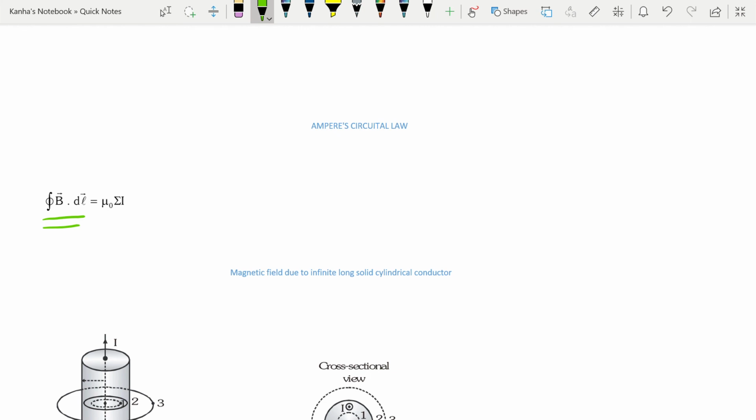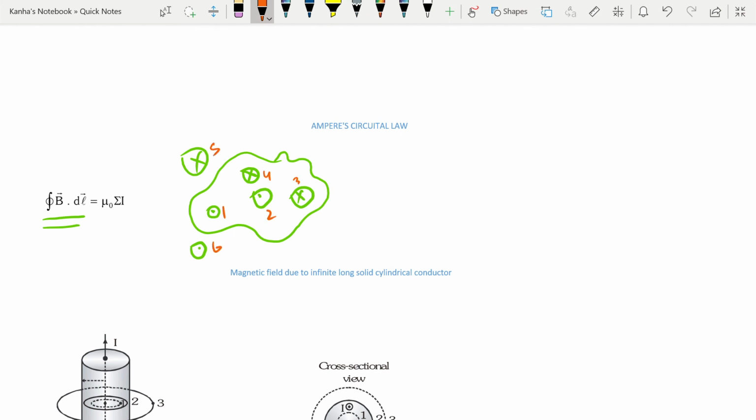So what does this mean? For example, if these are the lines that I draw, and inside it I have different currents. For example, I have current coming out here, a current going in here and here, a current going in here and a current coming out here. Let me mark these quantities as 1, 2, 3, 4, 5 and 6.